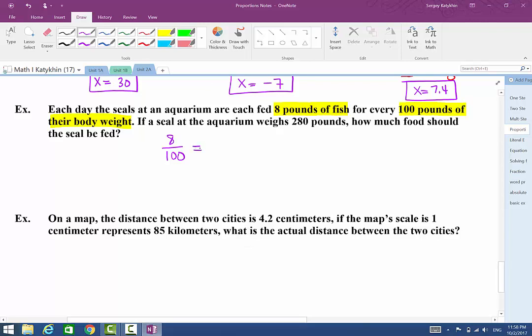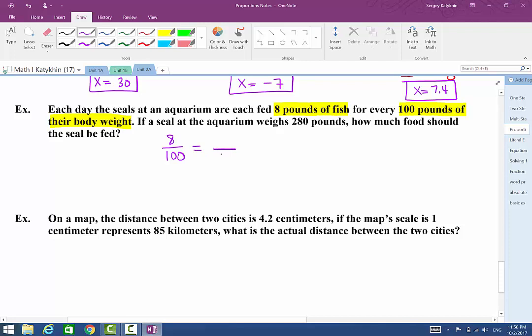On the other side of that ratio, we're going to figure out what we're looking for. Now notice what they say. If a seal at the aquarium weighs 280 pounds, how much food should the seal be fed?